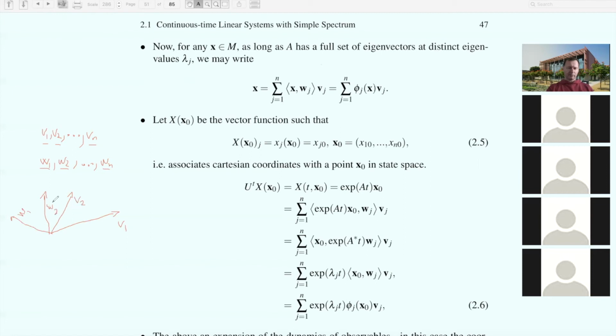And so the inner product between w2 and v2 is non-zero, but the inner product between w2 and v1 is 0. The inner product between w1 and v2 is 0, and the inner product between w1 and v1 is non-zero.